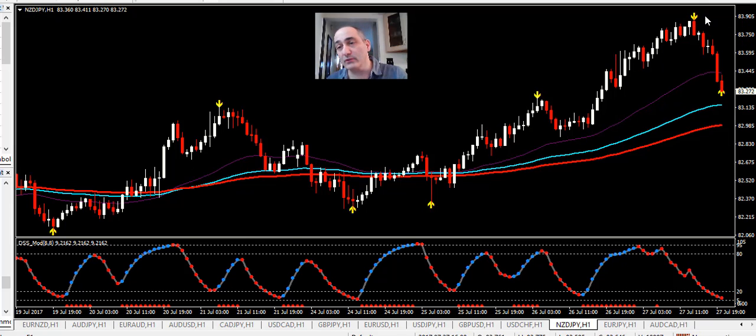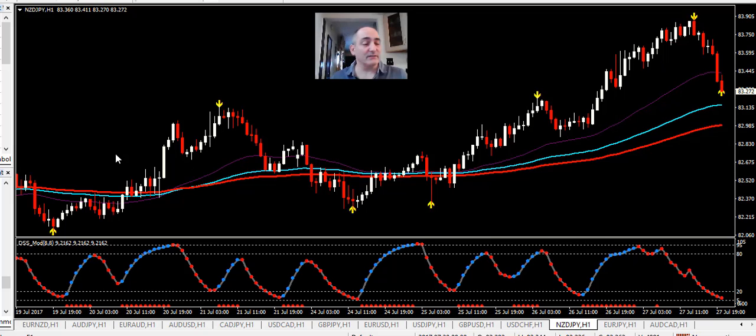When that happens, I'll look at my chart, and if the experts at IMarketsLive are telling me it's okay to sell, then even though it's going against the trend, I'll look and see if I can get a good entry based on the other indicator that I use, which is the Robbie's DSS indicator, down here in the bottom window.